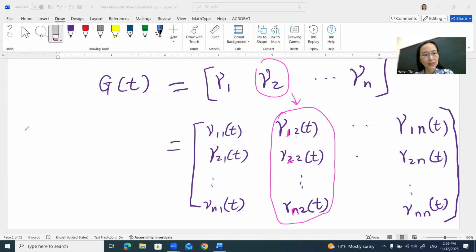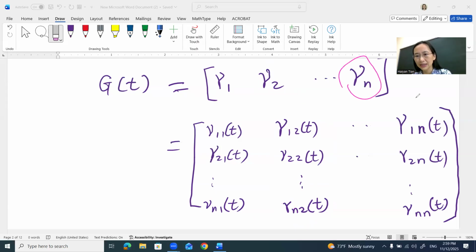We use this notation. So this is gamma n, the nth column of the fundamental matrix. Here, the first entry, second entry, and the last entry of this column. So here we see very clearly some details for each column.